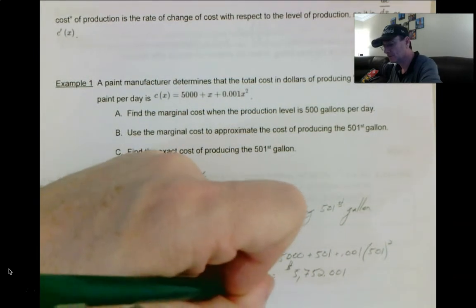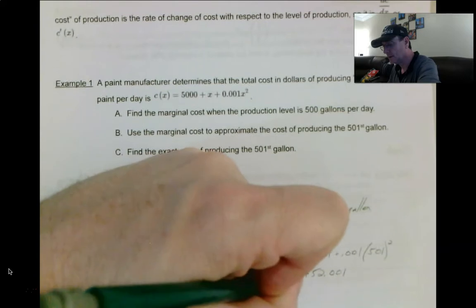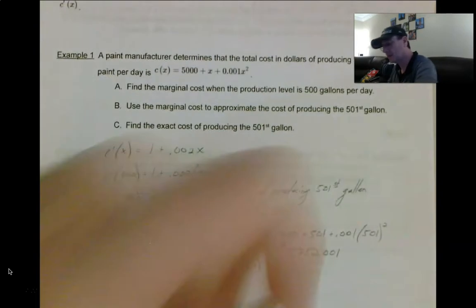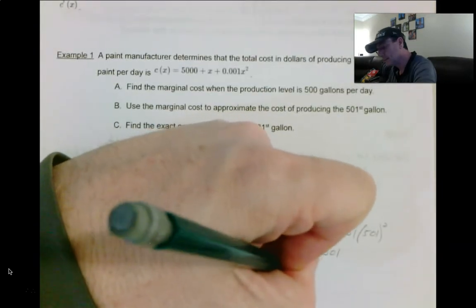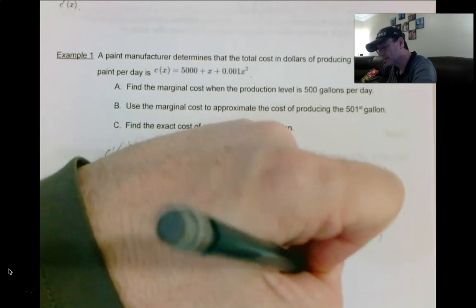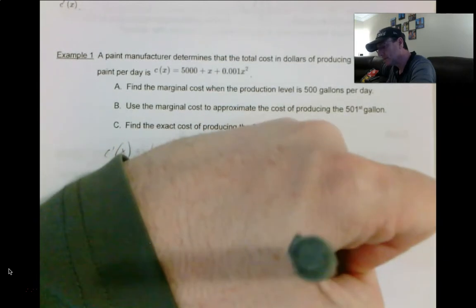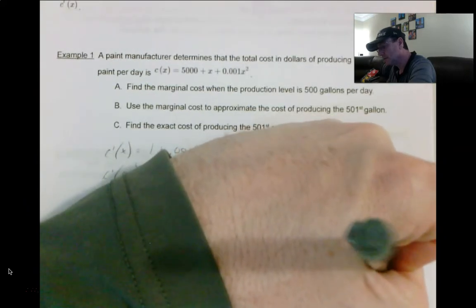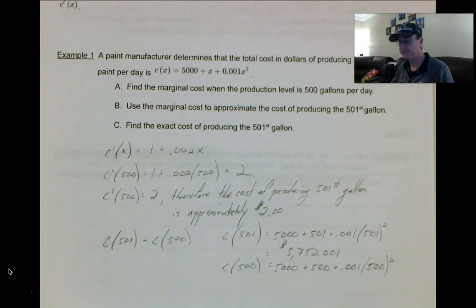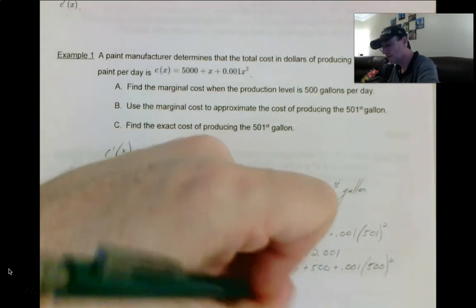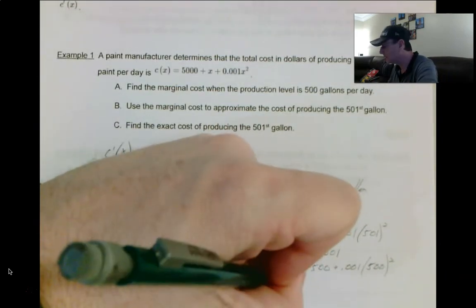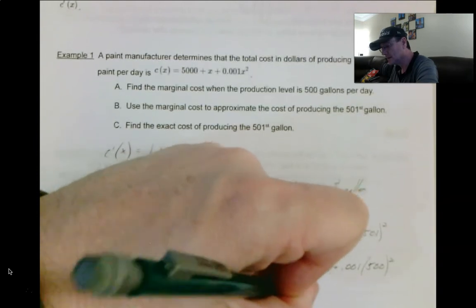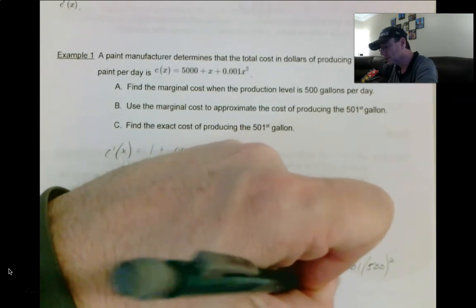Cost of producing 500 is equal to 5,000 plus 500 plus 0.001 times 500 squared. Plug this into a calculator, and this is $5,750.